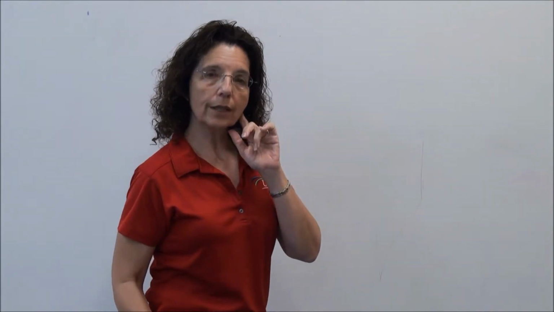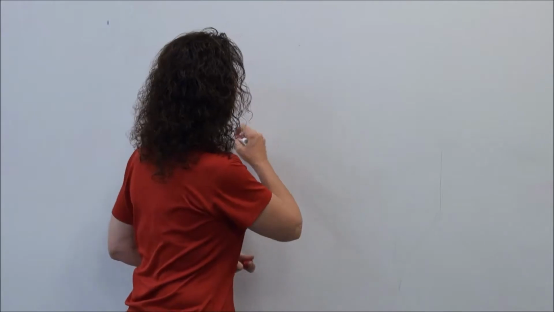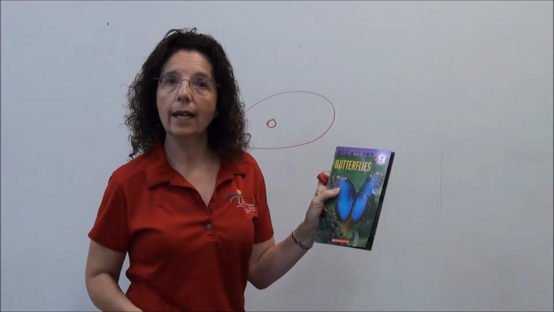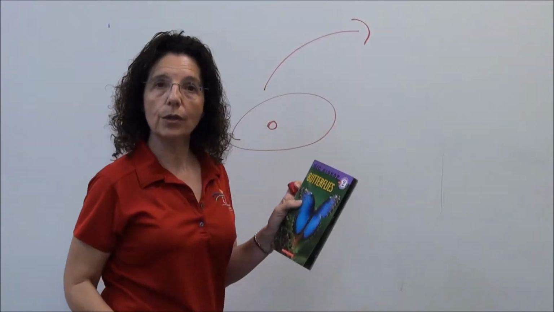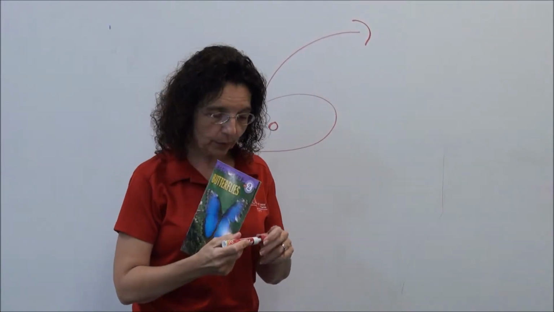The other students are going to listen with a critical ear because I'm expecting them to provide feedback on the quality of the presentation. And so maybe they're taking a marker and they're going to draw, as I do while I'm teaching. Well, here's a leaf, and the butterfly starts as an egg. And then they'll use diagrams and so forth that they can demonstrate what they've learned while they've read.